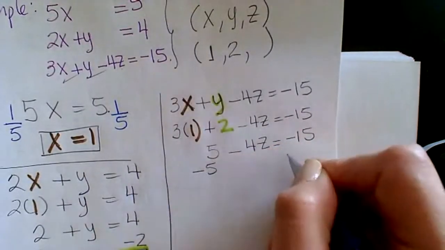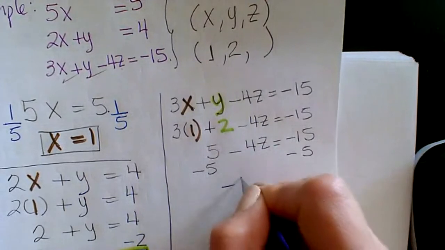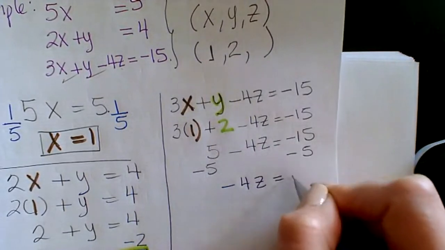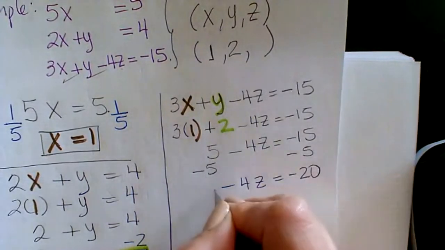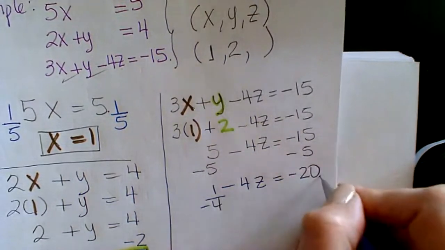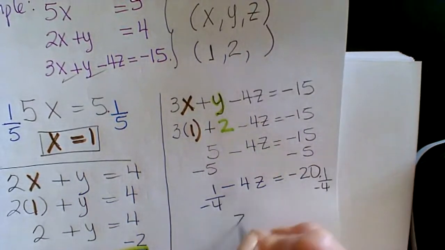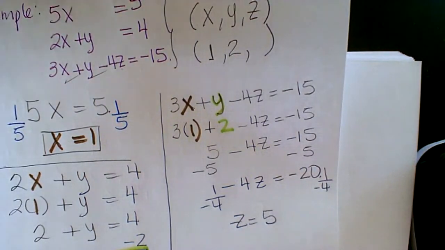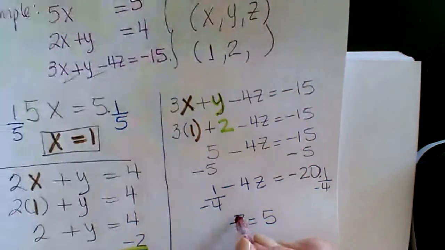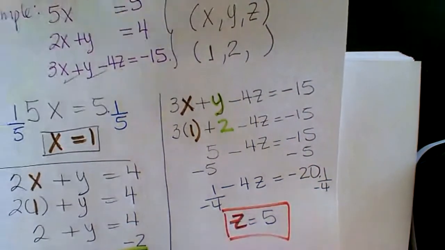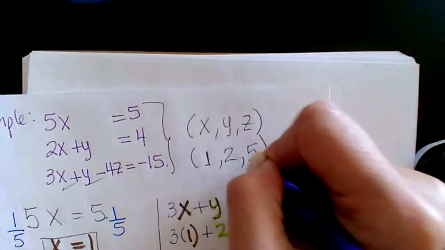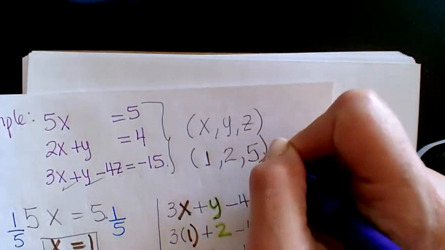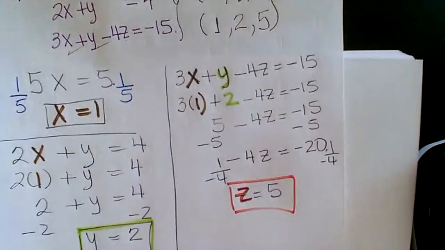So I'm going to make a 0, and I have negative 4z equals negative 20. If I multiply by the reciprocal, I get a 5. So I found the point 1, 2, 5. All right.